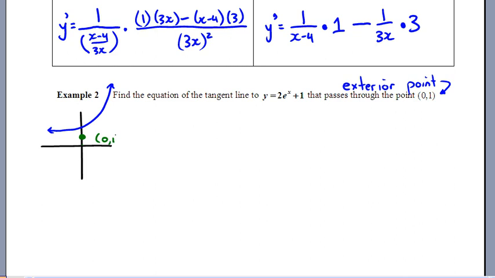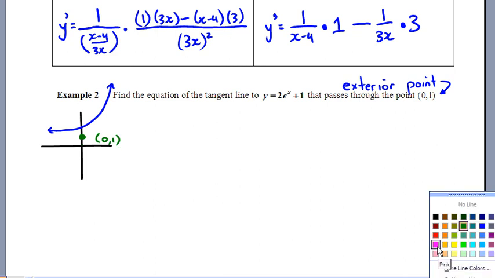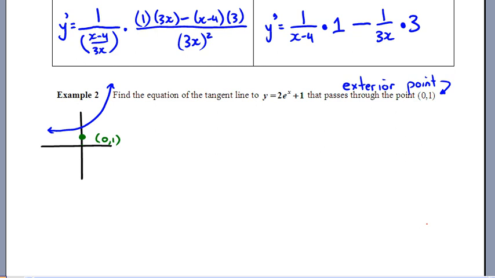There's 0, 1. And we're going to try to draw the only tangent to this graph. There's just one, and it's going to have to touch that exterior point and touch the graph before it wanders away. And I don't know where it's touching that graph. That point is actually a mystery to me. It's not touching at 0, 1, because 0, 1 is exterior to that blue graph.